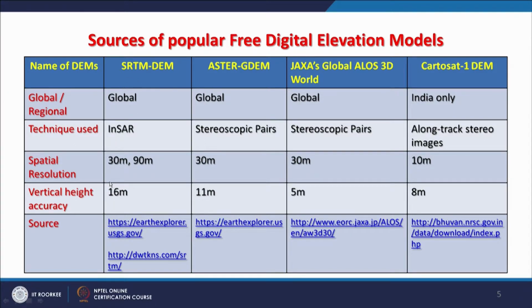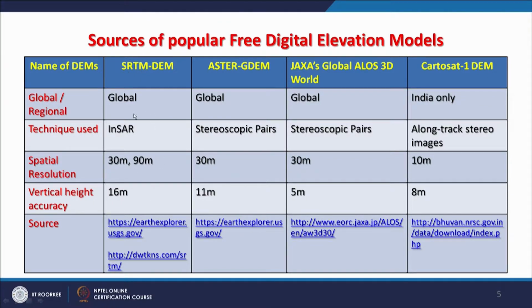Vertical height accuracy, as you can see, was relatively poor compared to, say, Cartosat DEM, which is giving 8 meter, or JAXA Global ALOS 3D World DEM, which is giving 5 meter. So compared to that, it is relatively poor, and these are the sites from where one can download these digital elevation models generated through the SRTM mission.